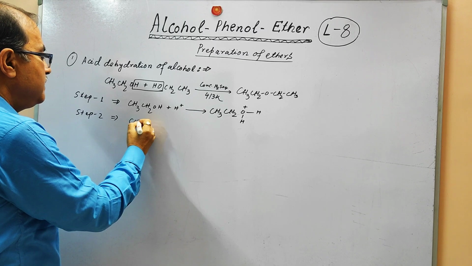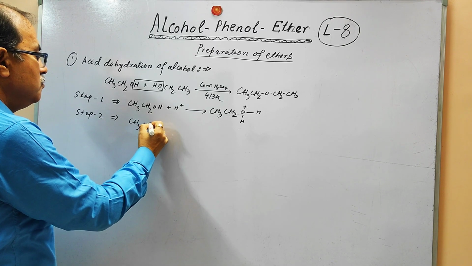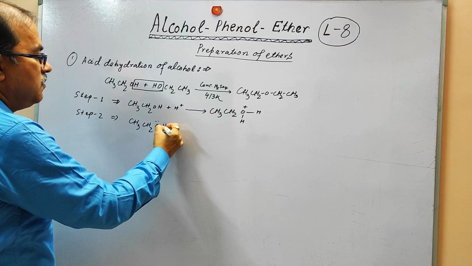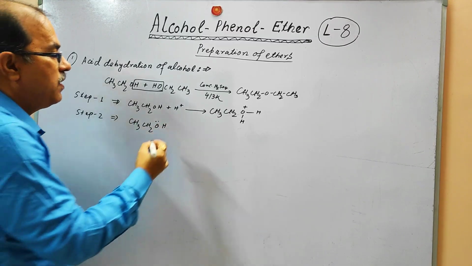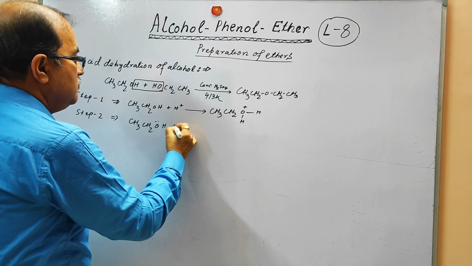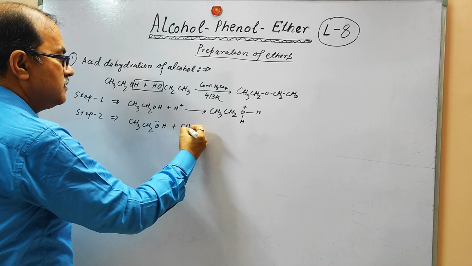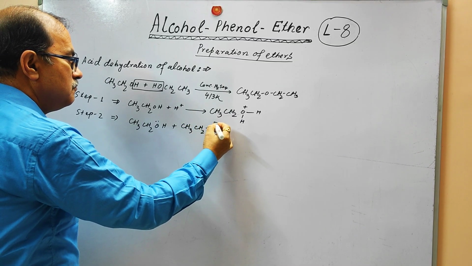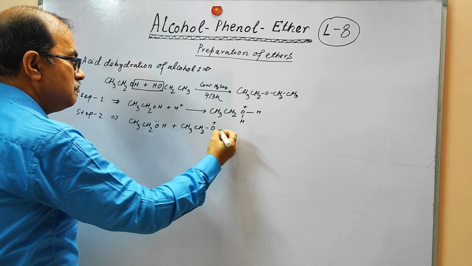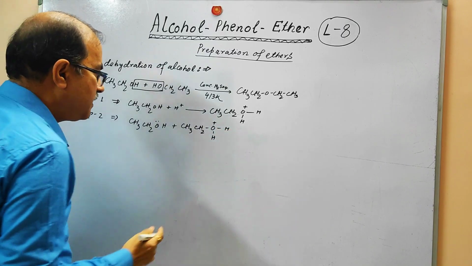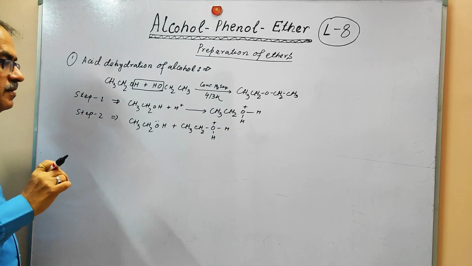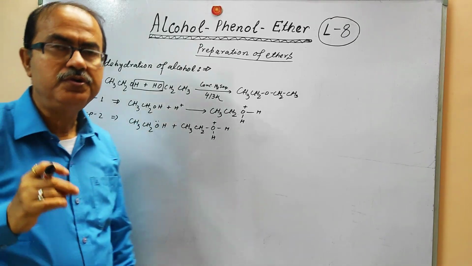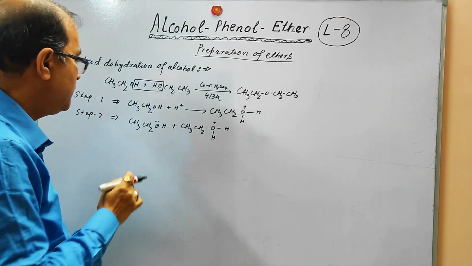Here the other alcohol molecule, which is not protonated, will act as a nucleophile and react there. The reaction is this. Here this attack is basically an SN2 attack. SN2, we know, is substitution nucleophilic bimolecular.